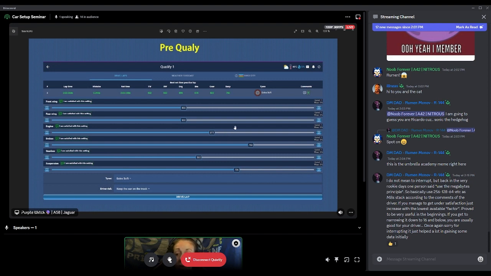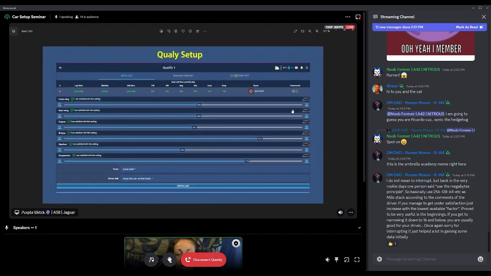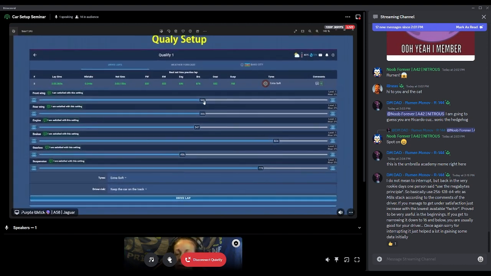And in the next step, we are going to show the values that I finally used for the quali. Well, remember that the driver's range of satisfaction was 128. Well, and half of that is 64.